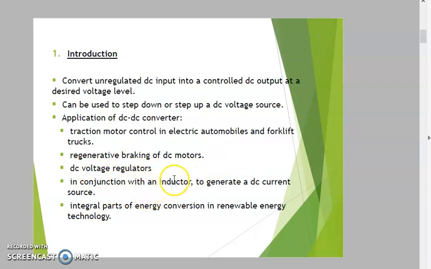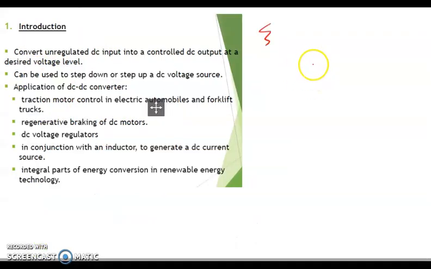When we include the inductor, we can generate a DC current source and convert DC voltage into DC current. We can also integrate it in energy conversion systems, in renewable energy conversion technology. So the DC converter can be used to step up or step down based on the requirement or preferred levels of the grid.